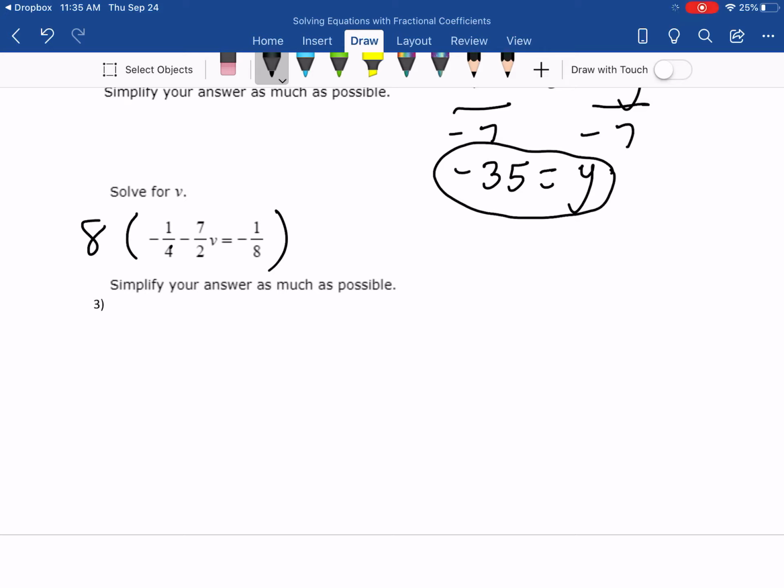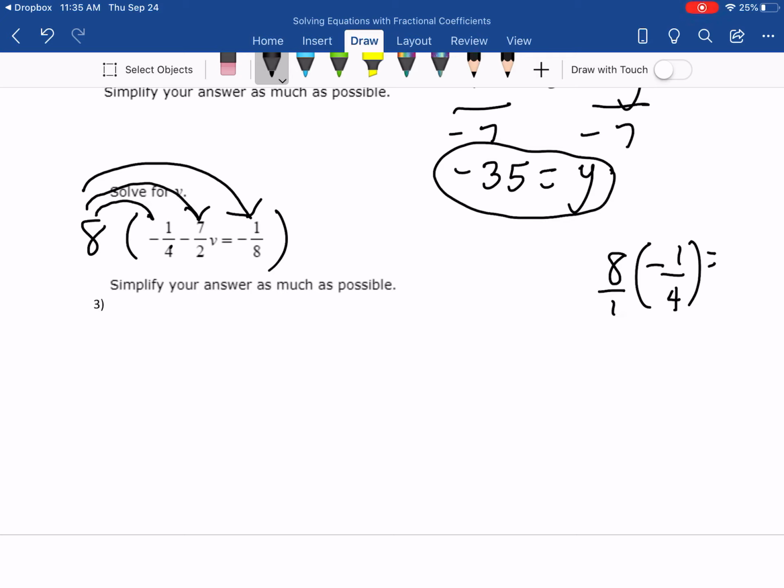Okay, so we have 3 different multiplications of wholes and fractions to do. So 8 times negative 1 over 4. I can put that over 1. That's negative 8 over 4, which is really negative 2. So we have negative 2. And then 8 times negative 7 over 2v.